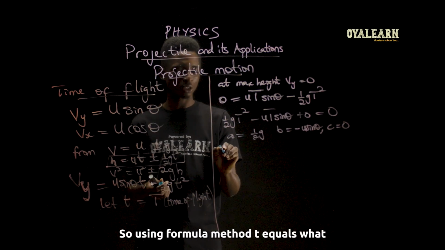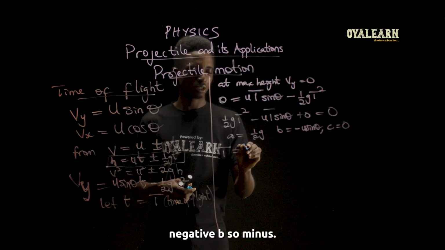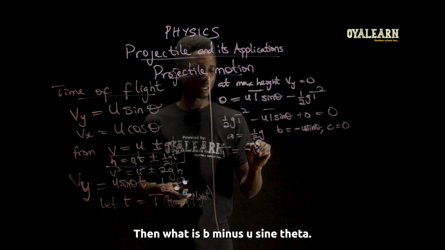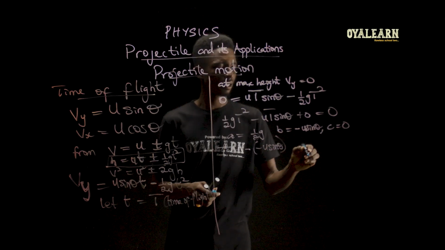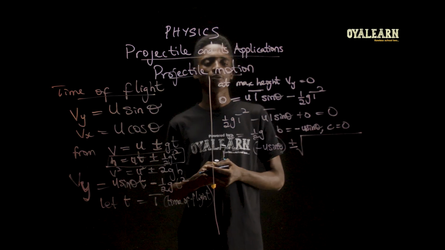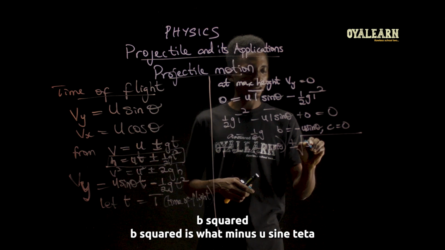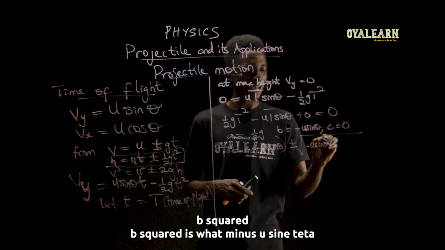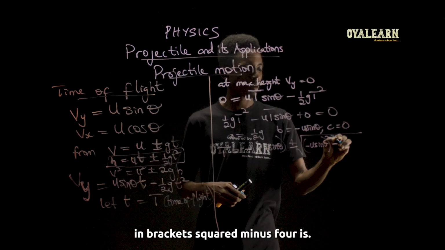So using formula method, T equals what? Negative b. So minus, then what is b? Minus u sine theta. Then plus or minus the square root of b squared. B squared is what? Minus u sine theta in bracket squared minus 4ac.